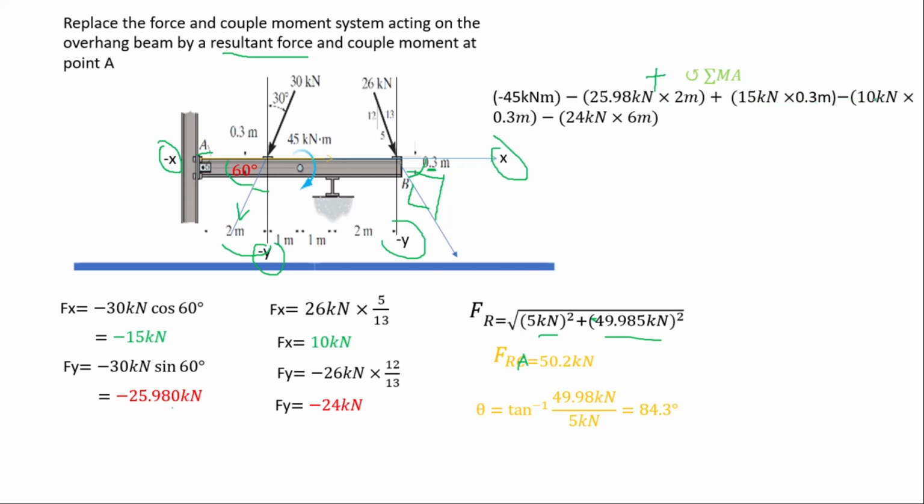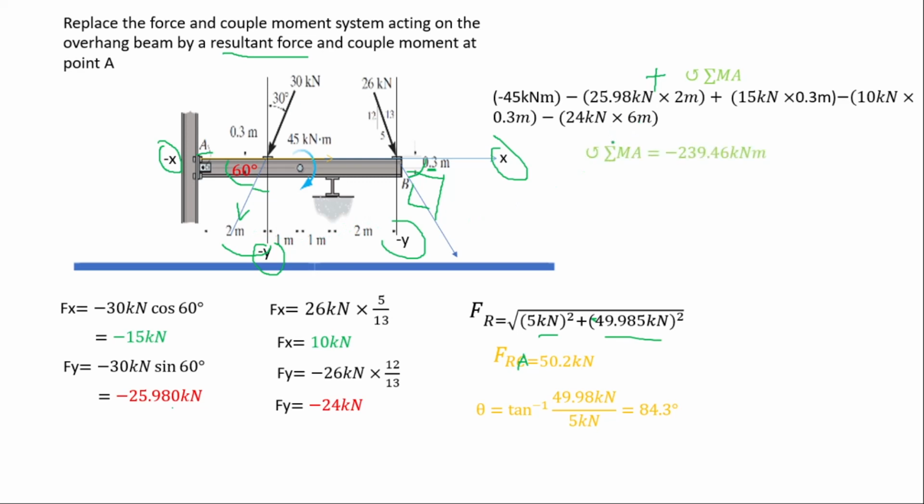Now we have the 10 kilonewton here, and when it's moving to A, it will move in the clockwise direction, so it will be negative, times the distance it's making, which is 0.3. Then we have the y component, also moving in the clockwise direction, and the distance is 2 plus 1 plus 1 plus 2 meters, which gives you 6 meters.